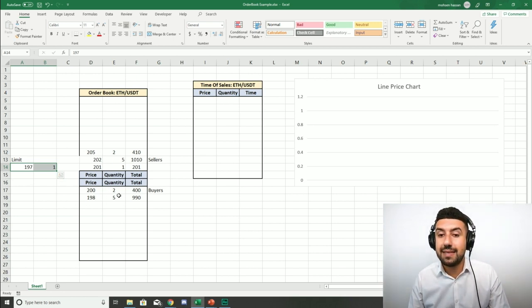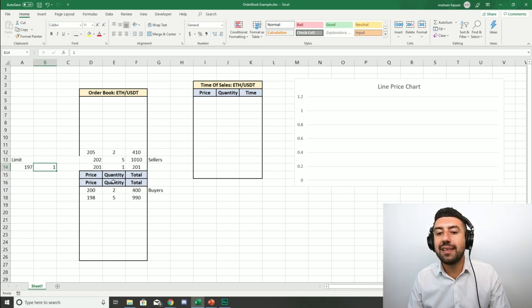And yes, they can. Why? Because he wants to sell at 197, then he can sell to the buyer who wants to buy at 200. The buyer who wants to buy at 200 wanted to buy 2, but he only wants to sell 1. So he is going to sell one of his Ethereums to this guy who wants to buy 2, right?